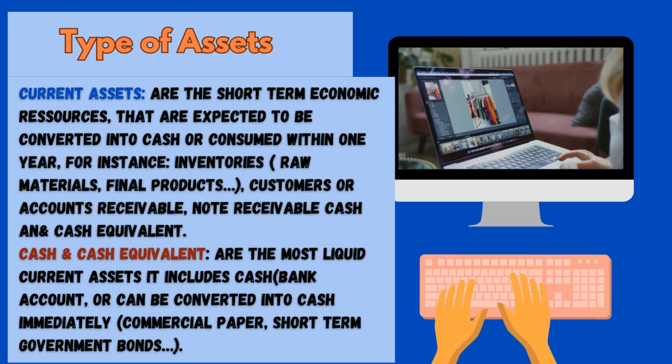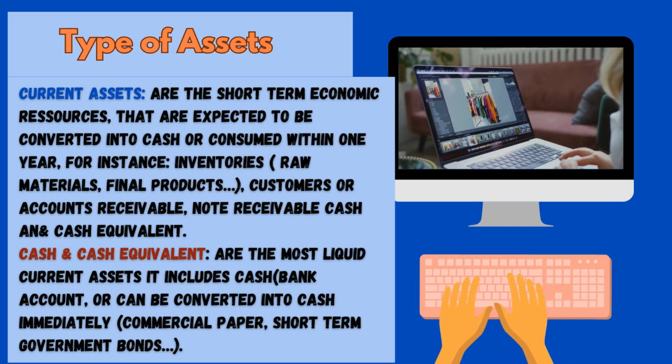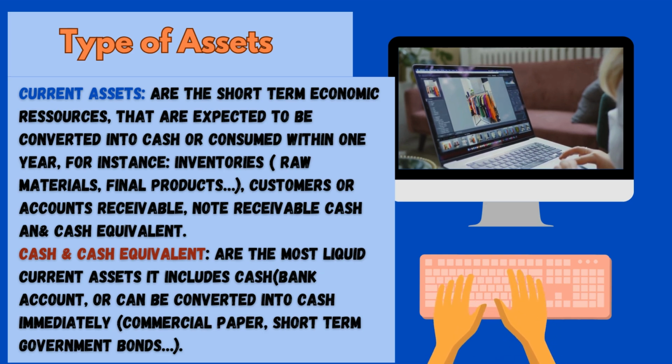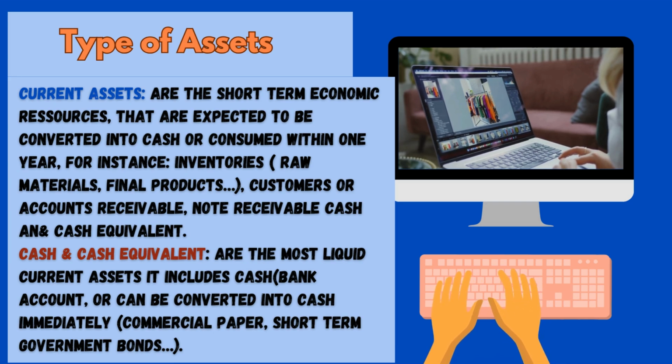Cash and cash equivalents are the most liquid current assets. They include cash, like a bank account, or items that can be converted to cash immediately, like commercial paper and short-term government bonds.